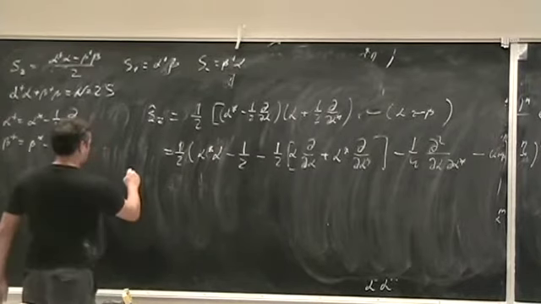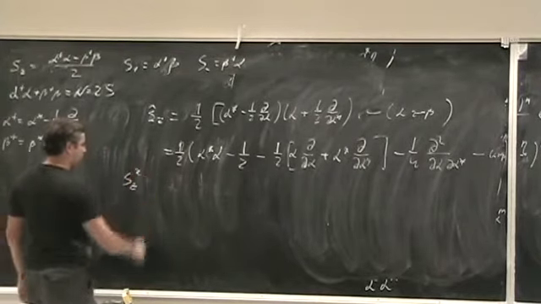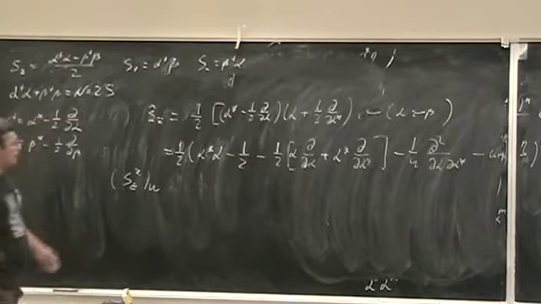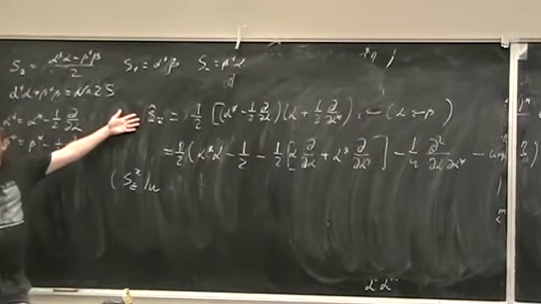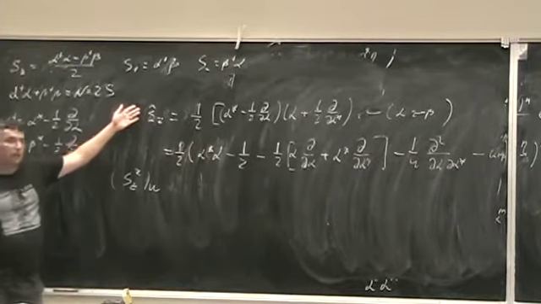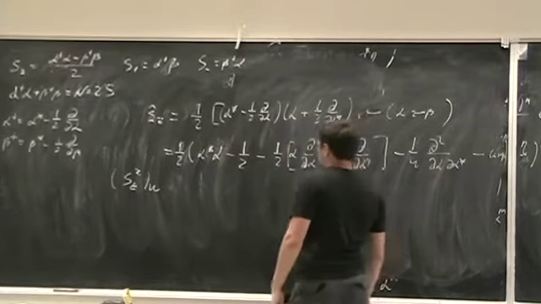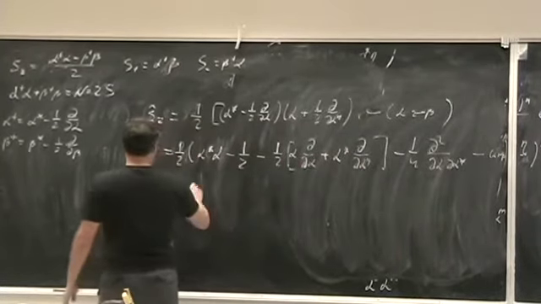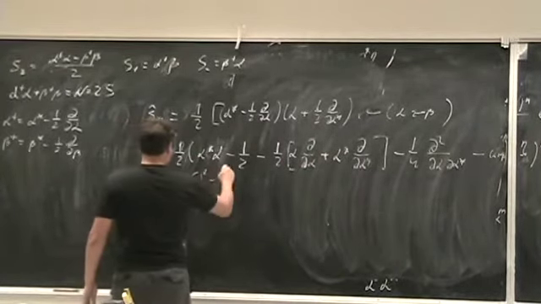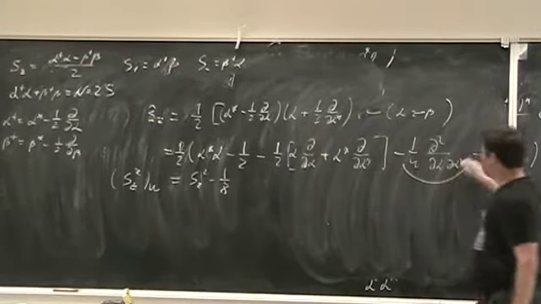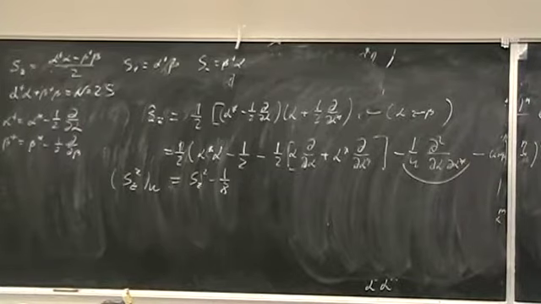But if I want to compute, for example, the Weil symbol of SZ squared, I have to use this Bob representation for SZ, square it, and then if I stare carefully into this expression, I will get that this will be SZ squared minus 1/8. And minus 1/8 basically comes from these derivatives.